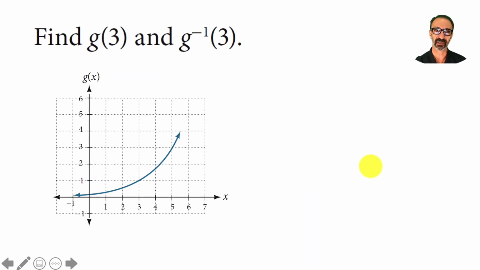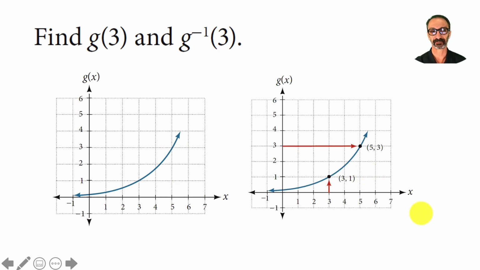We did similar examples, but here's more as a graph. Find g of 3. Well, g of 3 is going to go up here and it's going to relate to 1. Then g inverse of 3. Inverse means your input is right here. That's my input for this function. So I have to be here, go to the graph and go down. Let's take a look. The first one will give me 1, and for the second, the output 3 came from 5.